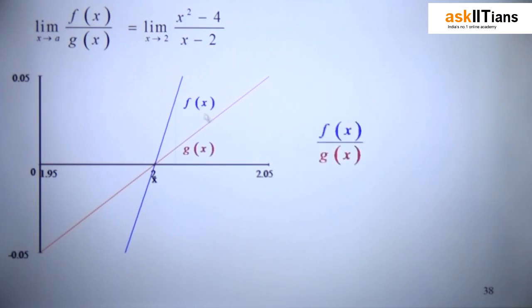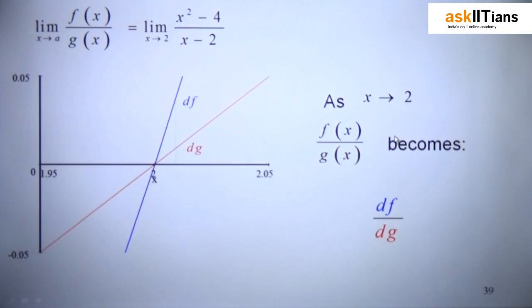So this is the value when I am approaching f(x), and when I am approaching g(x). So f(x) upon g(x) is the standard value that I have got. Now when x tends towards 2, f(x) by g(x) becomes df by dg, where df is a small incremental change, because approaching means the difference between the value of x and the value I am approaching is very small.